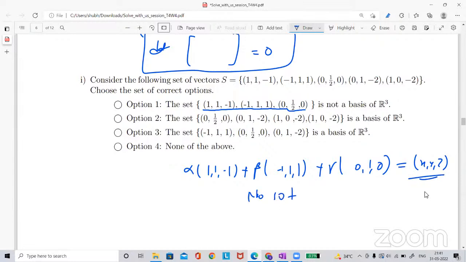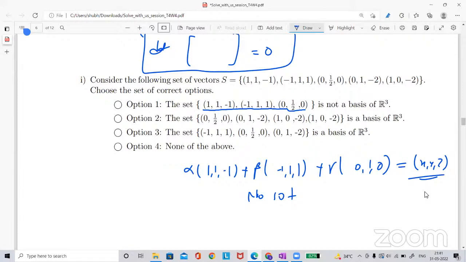You can check it. In that case, it means that it is not spanning the whole R3. So it is not a minimal spanning set. It needs more; you need to add an extra vector.